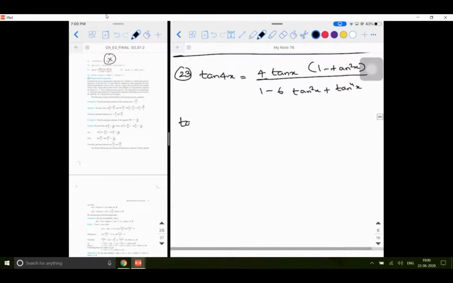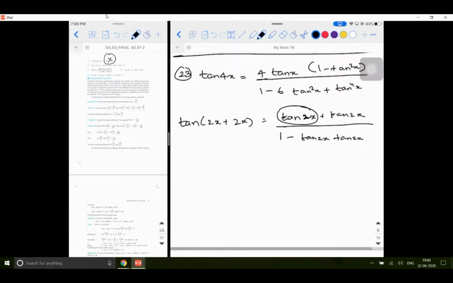So tan 4x, I can write as tan of 2x plus 2x. So what is the tan A plus B formula? That is tan A plus tan B by 1 minus tan A tan B. So what is the tan 2x formula? It is 2 tan x divided by 1 minus tan square x.